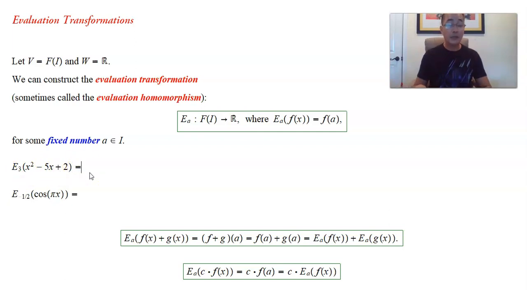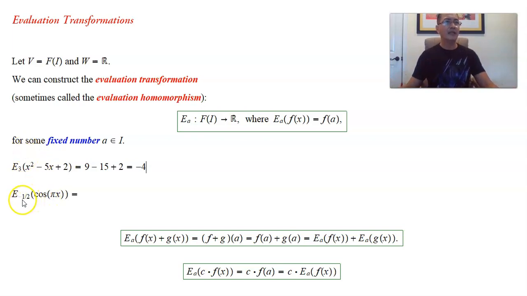So what do we get? 3 squared will be 9, not 0, minus 3 times 5, minus 15, plus 2. Okay, so we get, I believe, negative 2. Okay, wait a minute, no, negative 4. There you go, I need more coffee.